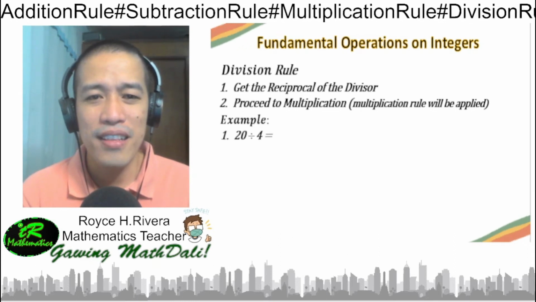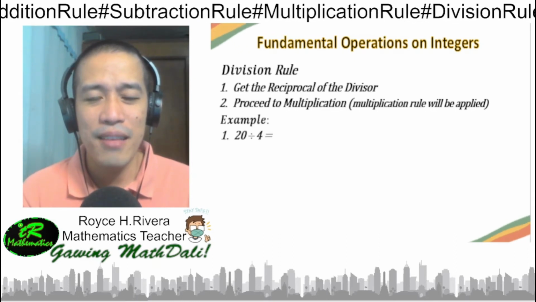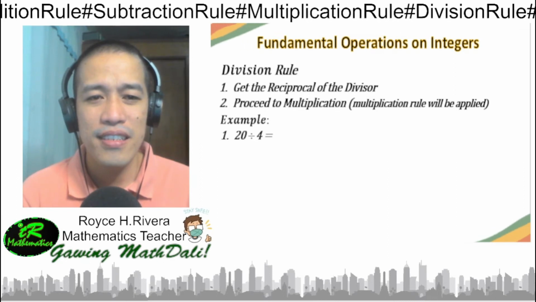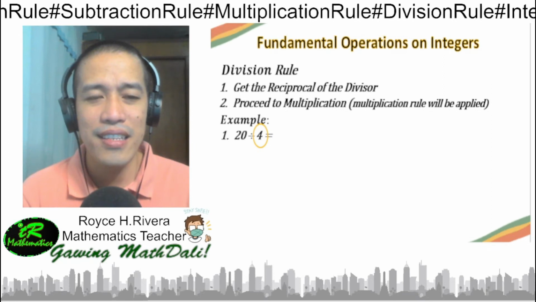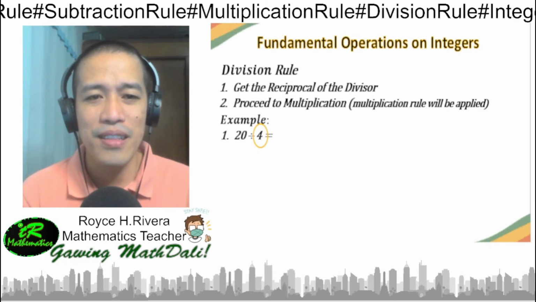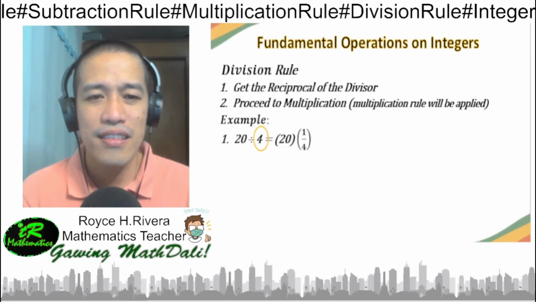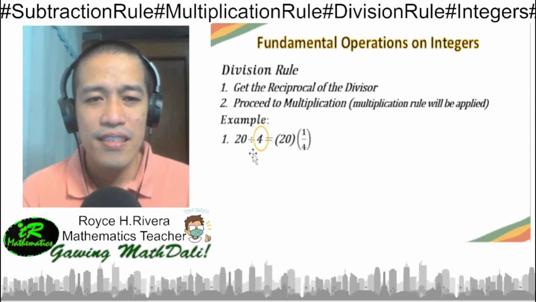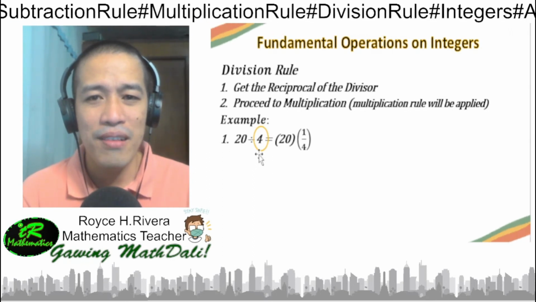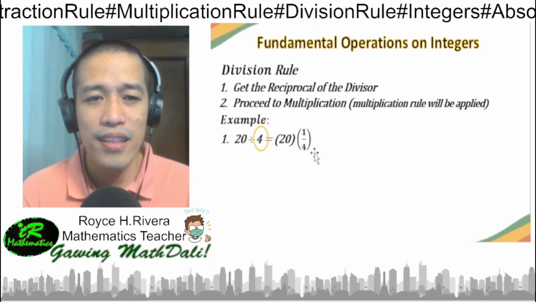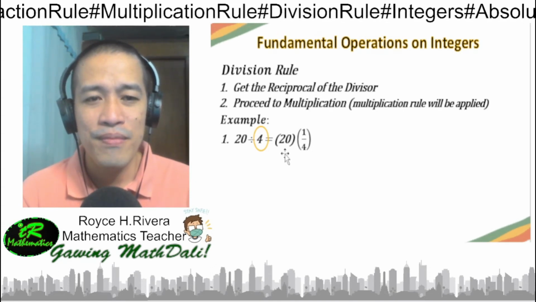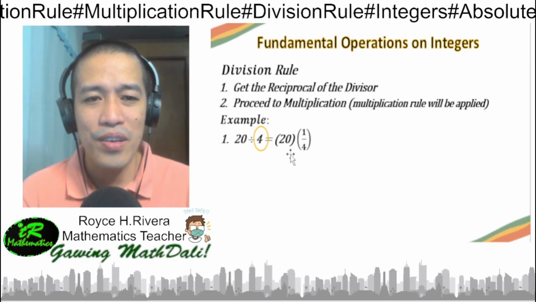Example number 1, 20 divided by 4. The divisor is 4. We get its reciprocal, then proceed to multiplication. The reciprocal of 4 is 1 over 4 or 1/4. Then proceed to multiplication.